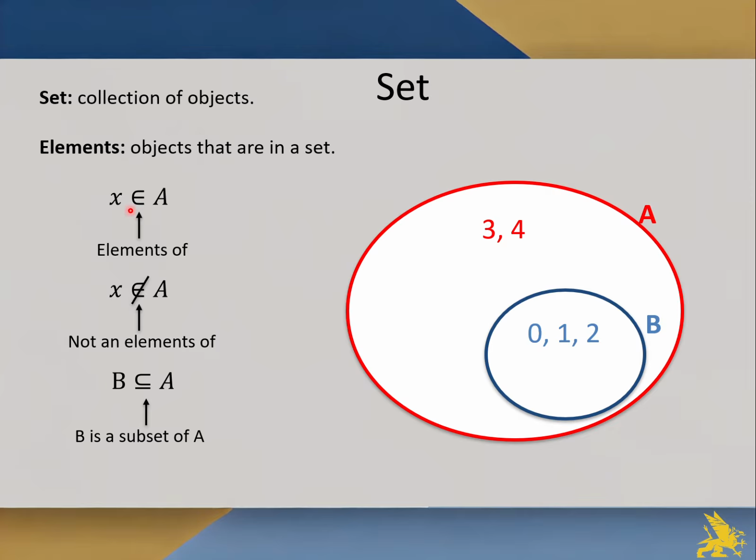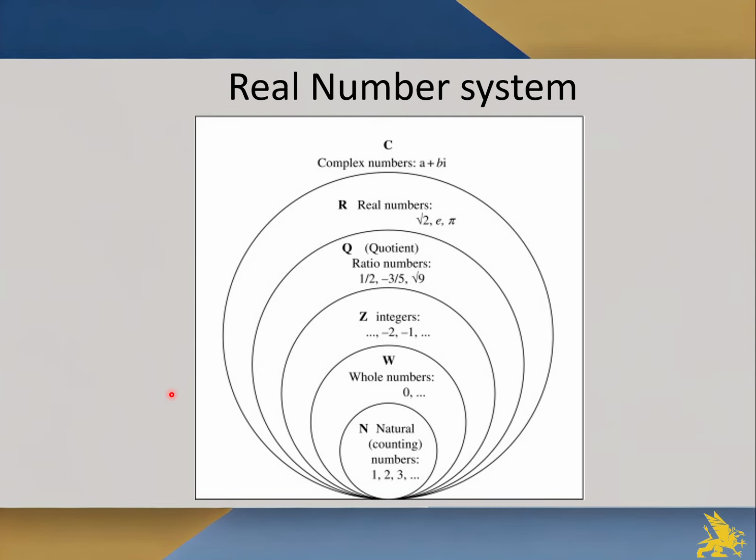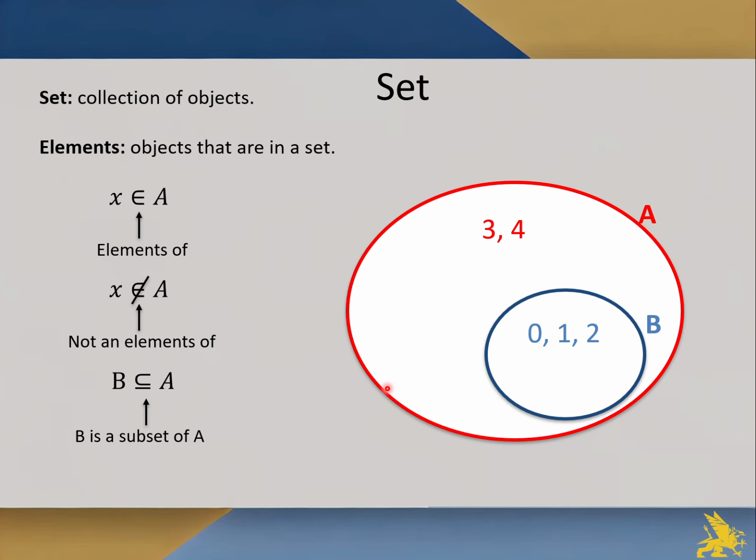So x is an element of A. If I've got a line through it, it's saying x is not an element of A. This is the subset. B is a subset of A, and that's what we said before when we were dealing with real numbers. I said natural counting numbers is a subset of whole numbers. So here, 0, 1, 2 is also part of A. B is a subset of A.